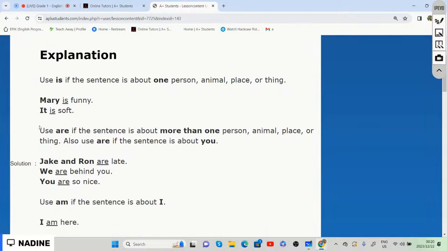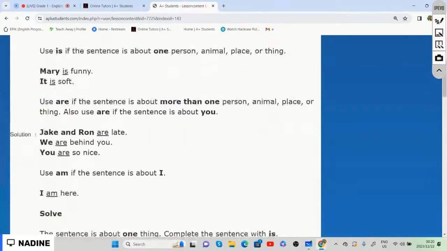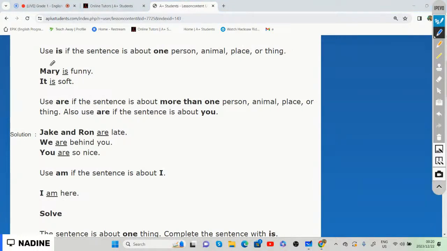So once again, we use is if the sentence is about one person, animal, place, or thing. For example, Mary is funny, and Mary is only one person. It is soft. It is only one thing. And then we use are if the sentence is about more than one person, animal, place, or thing. And we also use are if the sentence is about you.